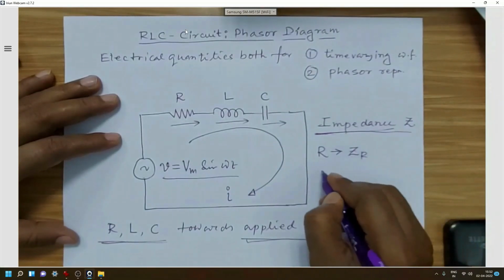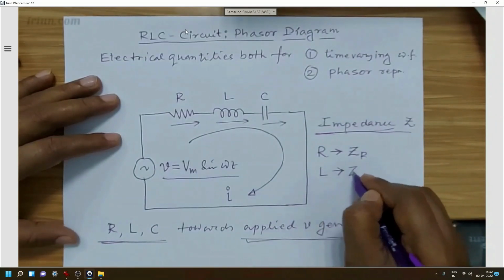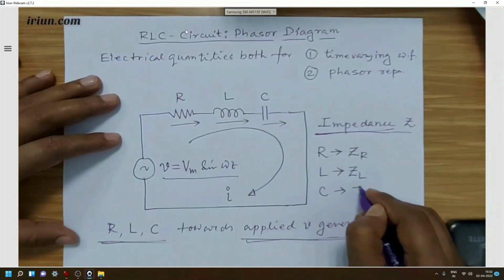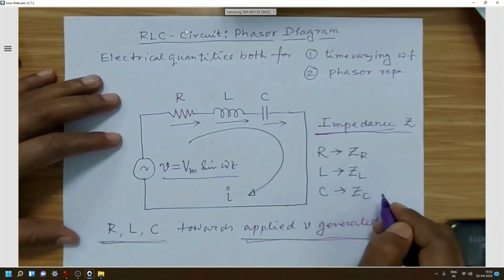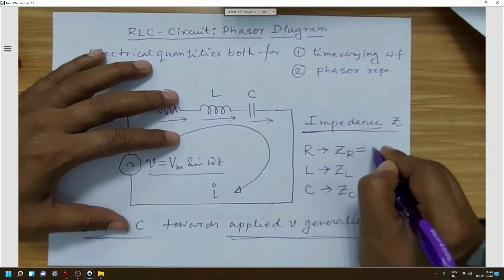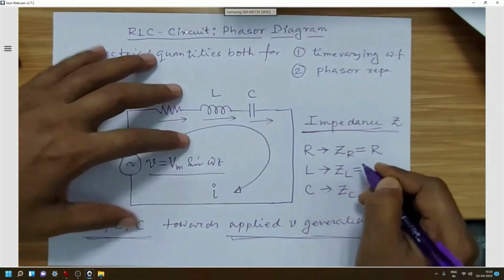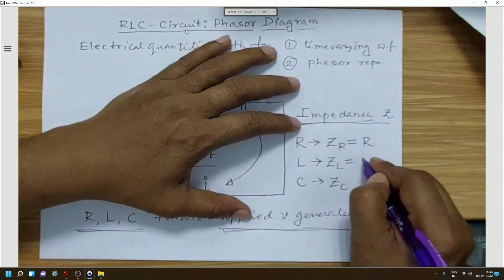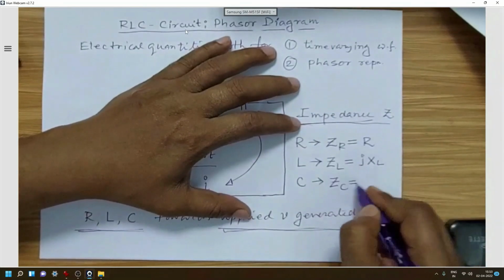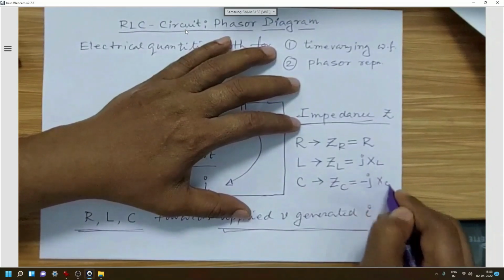L will show some impedance, say ZL, and C will also show some impedance, that is called ZC. So for the resistance, ZR will be R. For the inductance, ZL will be jXL, and for capacitance it will be minus jXC.